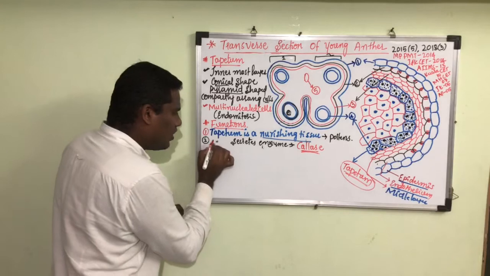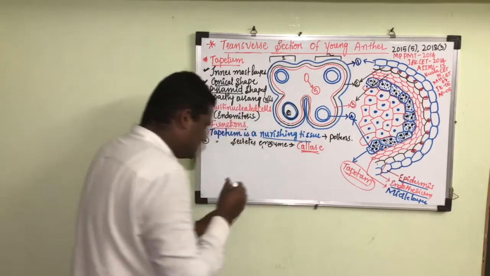Now, the second function of the tapetum is to secrete the enzyme callase.